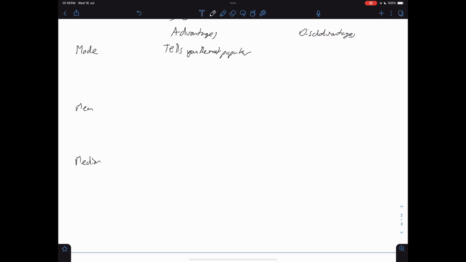It tells you the most popular. And it can be used for all qualitative data. Now that word qualitative just means things that aren't given in numerical terms, so things like favourite colour, or like we said earlier, car model. And also the mode is unaffected by extreme values.